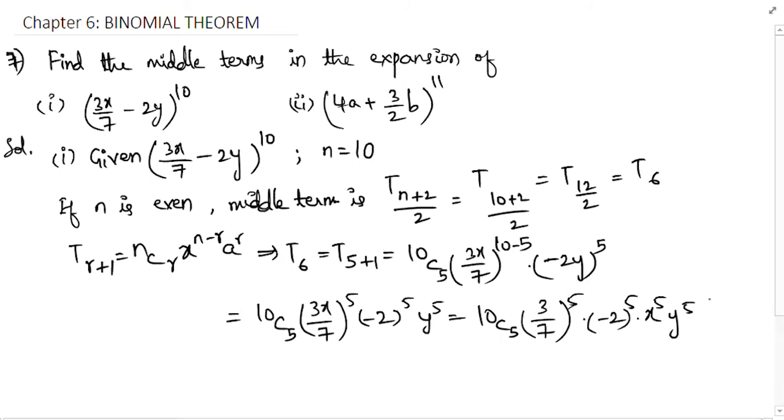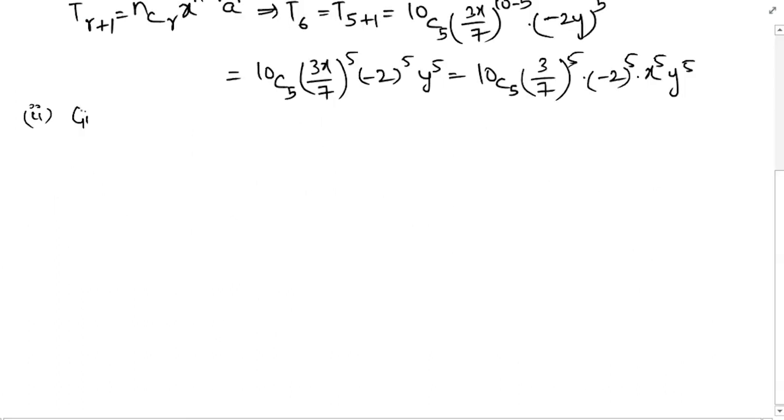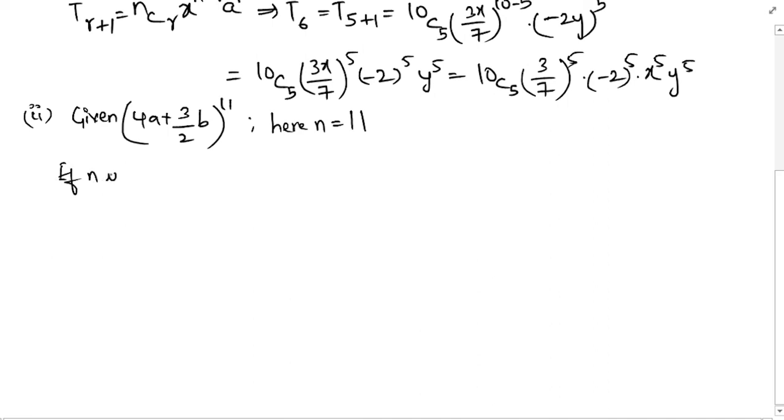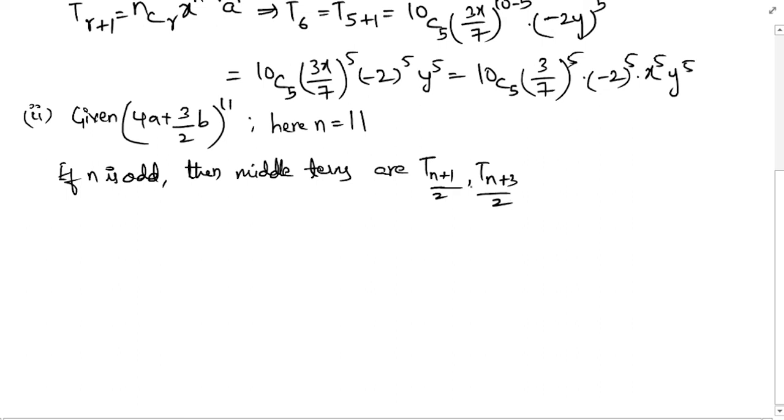Now we'll move on to the second bit. Our second bit is given: (4a + 3/2b) whole power 11. So here n is equal to 11, that means n is odd. If n is odd, then we have a formula that the middle terms are T(n+1)/2 and T(n+3)/2.